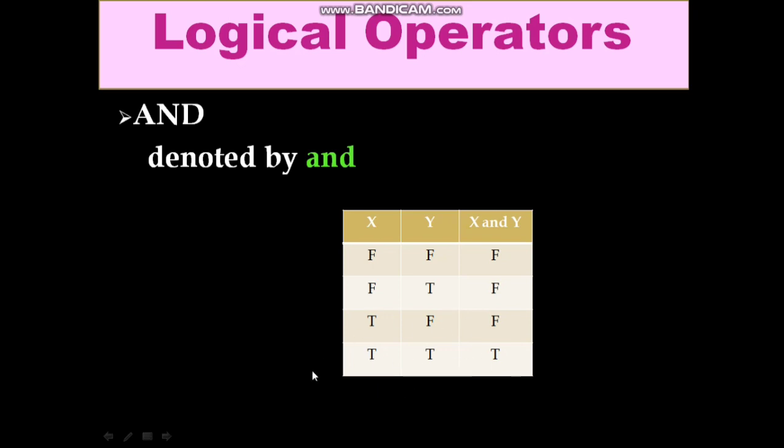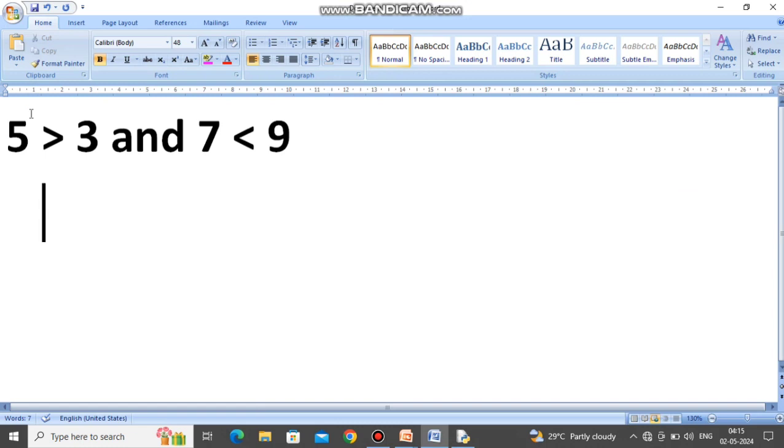Now let's check this with an example. Here I have a logical expression. This expression involves 2 relational expressions: 5 greater than 3 and 7 less than 9. First, let's evaluate this manually. The first expression, 5 greater than 3, is a true statement, 5 is greater than 3, so it returns true.